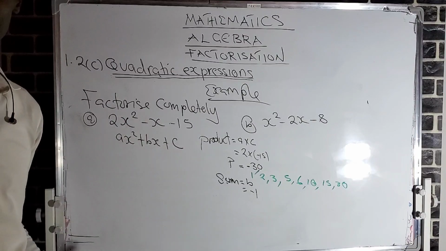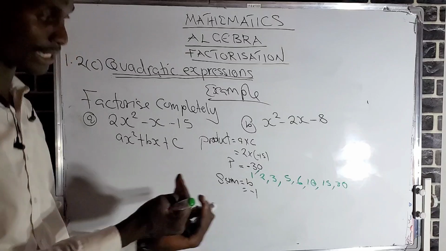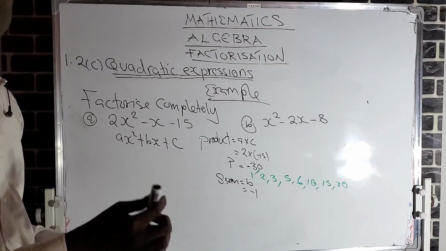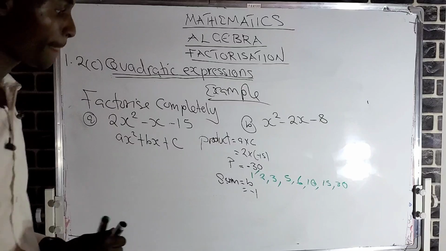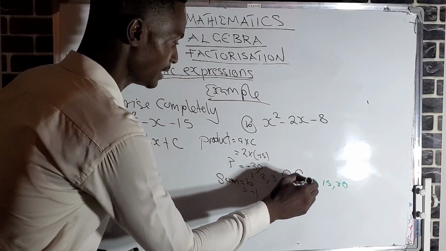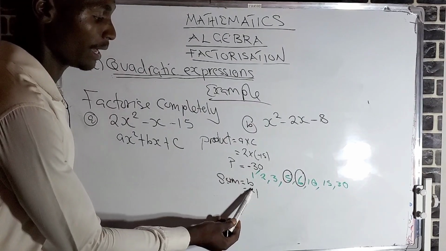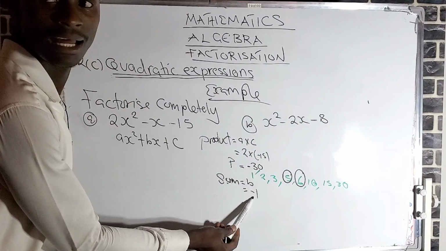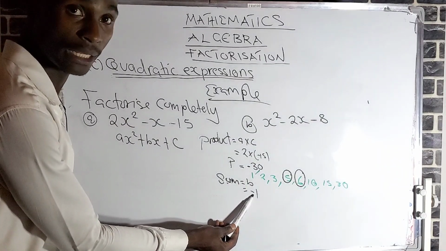No way. Check. How about 5 and 6? Let's try 5 and 6, right? Yes. Forget about the signs. Both are negative, this is negative 30, this is negative 1.